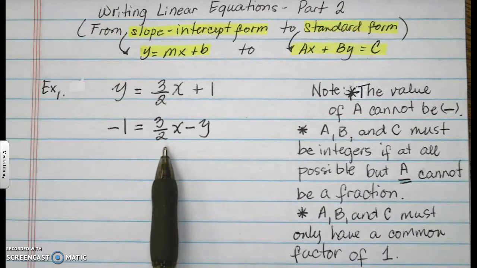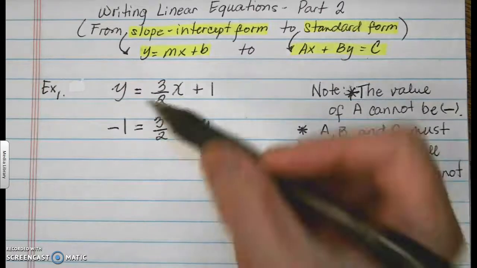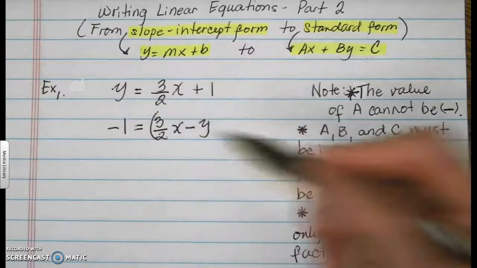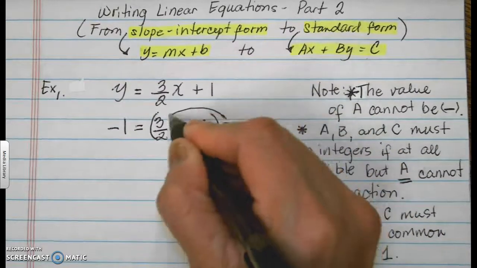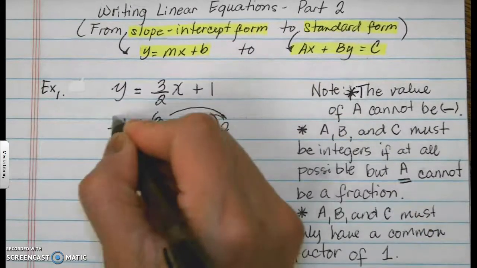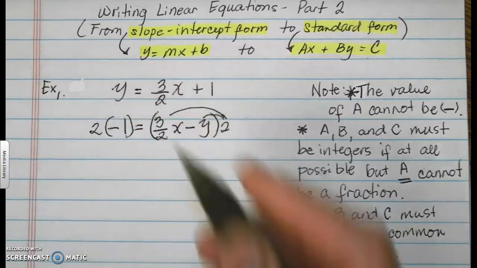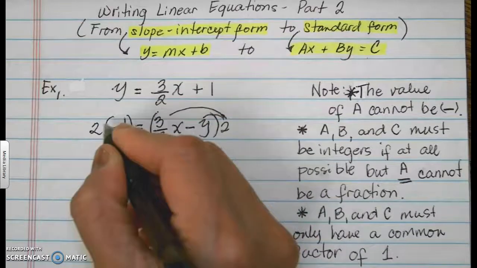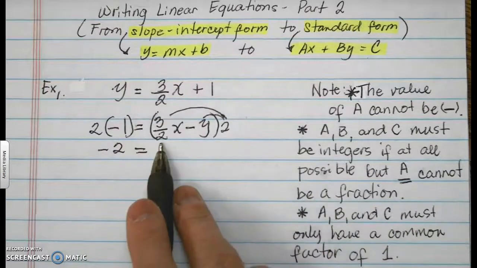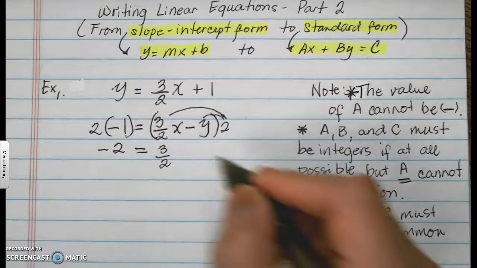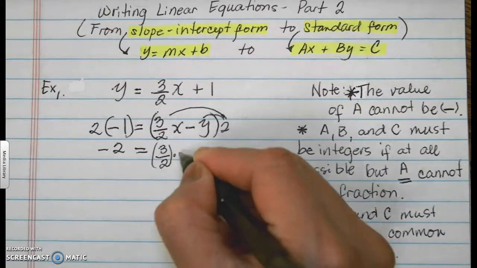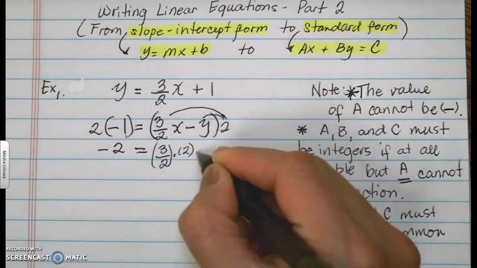And the way to do that is to multiply all sides by 2. The inverse of divide is multiply. So I'm multiplying this by 2. This 2 will be distributed to this term and to that term. And also this will have to be multiplied by 2. This side now will become negative 2. And this side is going to become 3 over 2 times 2 with an x.